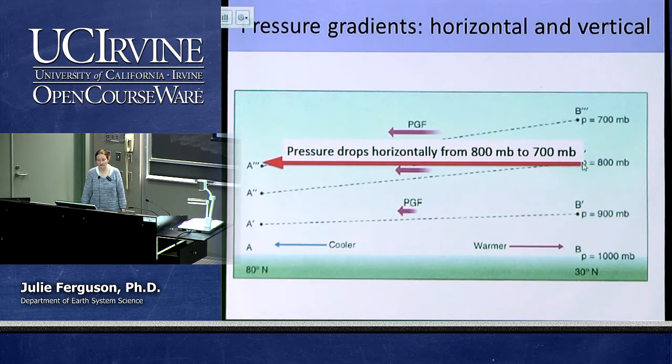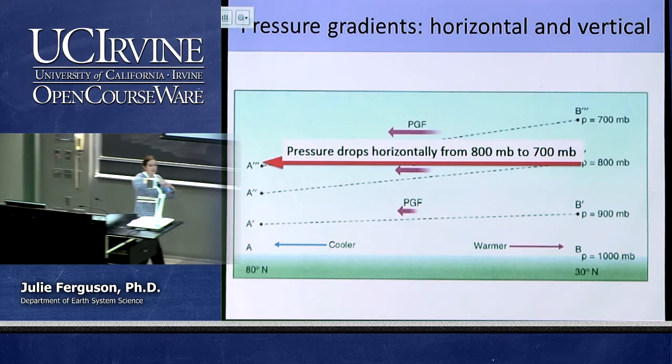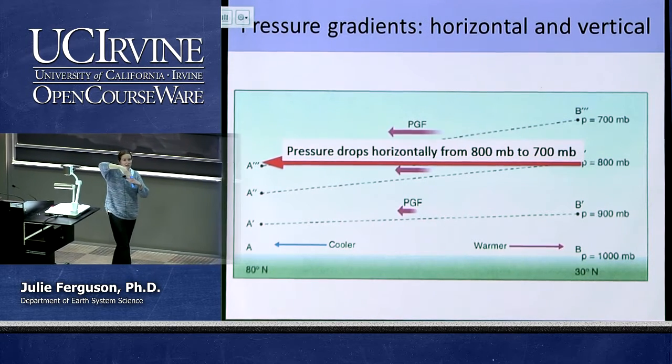So what we have is a pressure gradient, a difference between this high pressure and this low pressure. And you can see that as we go up in the atmosphere, here there wouldn't be that big a change between the warm and the cold. But as we go further and further up, then that line gets steeper and steeper and steeper. There's a bigger and bigger change. It basically is a cumulative change as we go up.